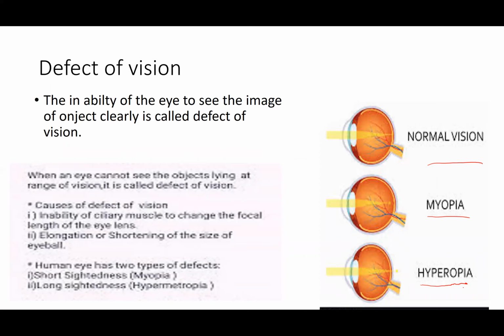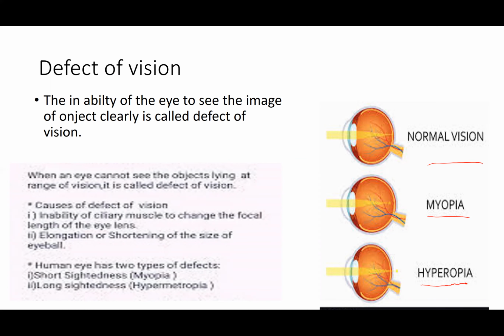If an eye cannot see the image clearly, either of far objects or close objects, it is called defect of vision. When an eye cannot see an object lying in the range of vision, it is called defect of vision.